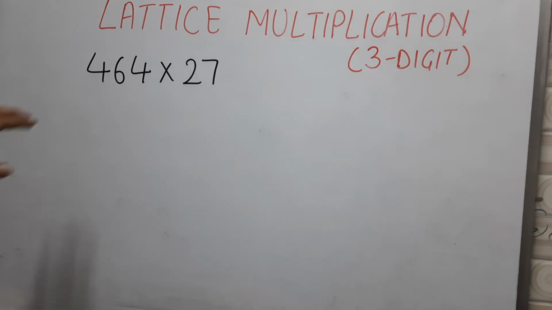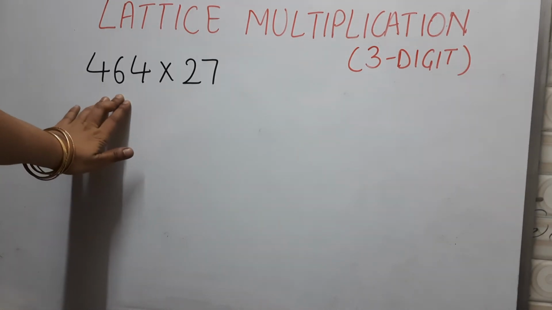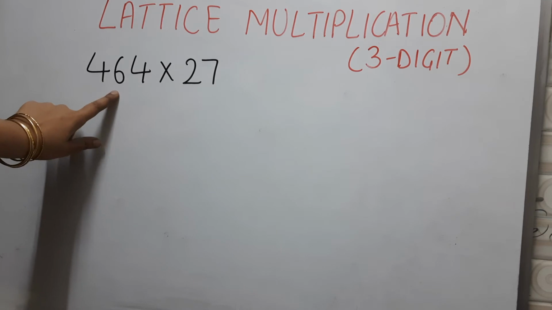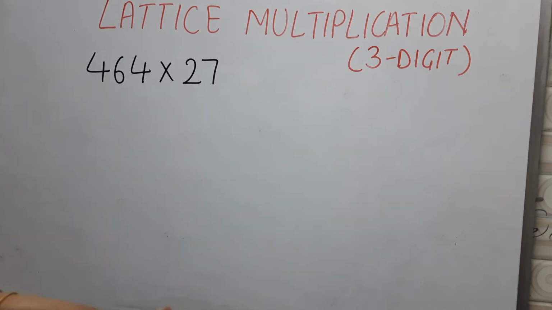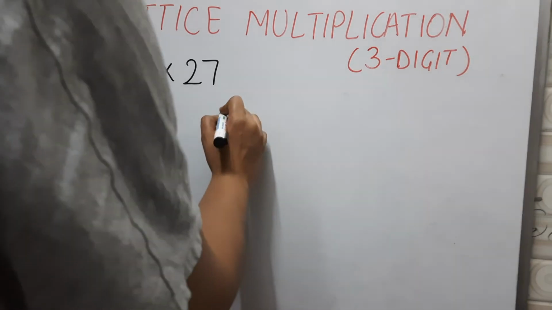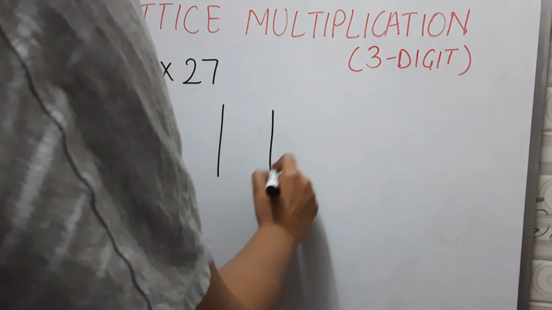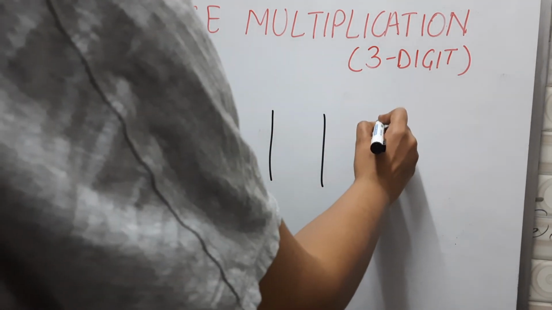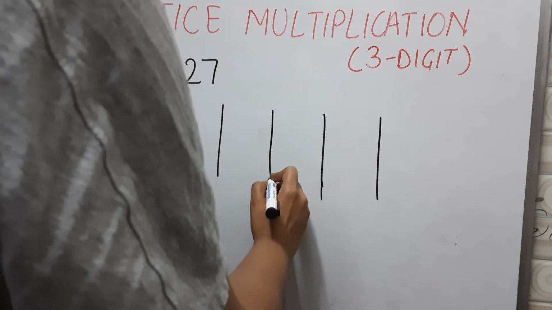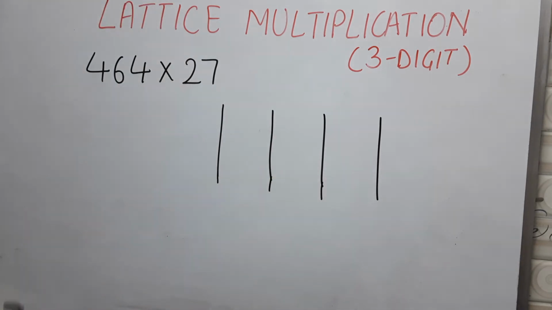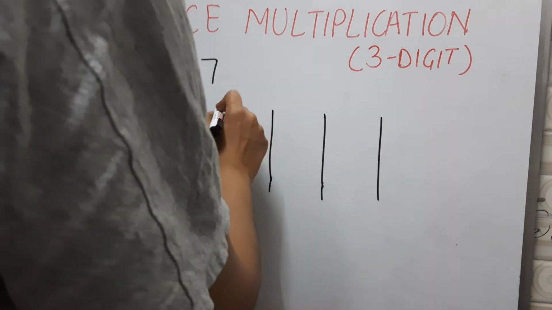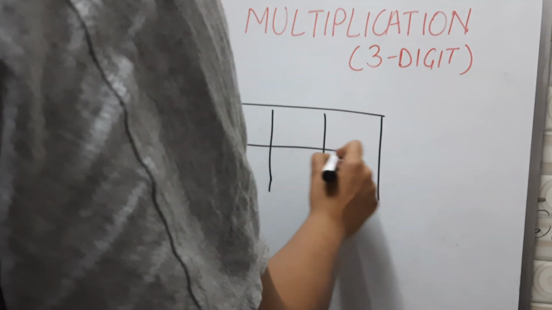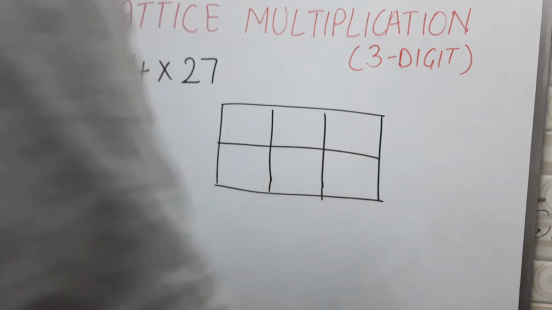Now here I have a 3-digit multiplicand. Since I have a 3-digit multiplicand, how many columns am I going to make? Yes, 3. So I have 3 columns, and since my multiplier is of 2 digits, I will have 2 rows.